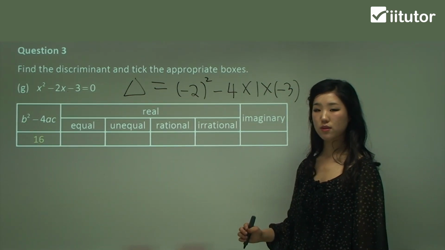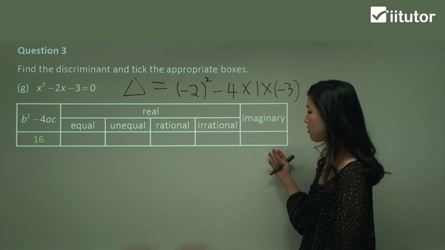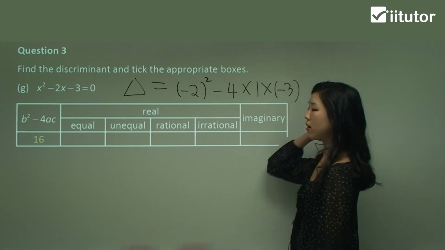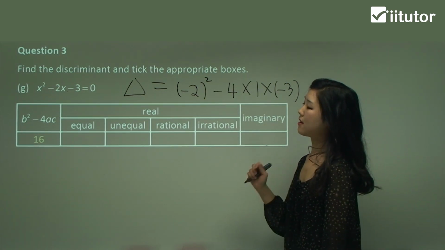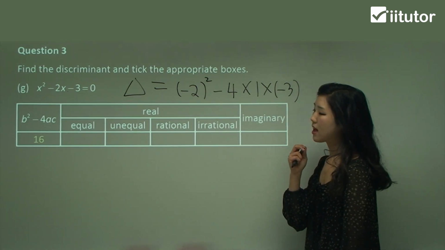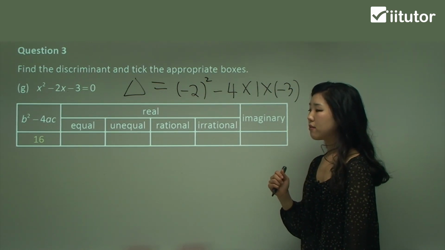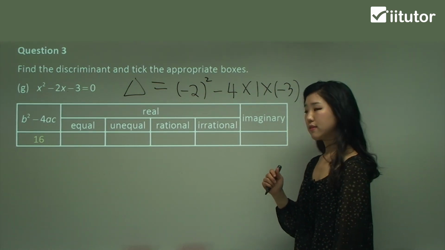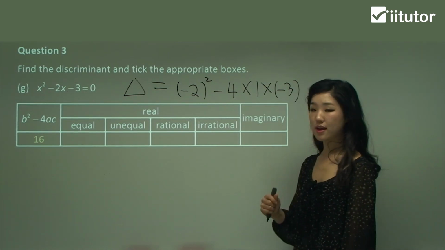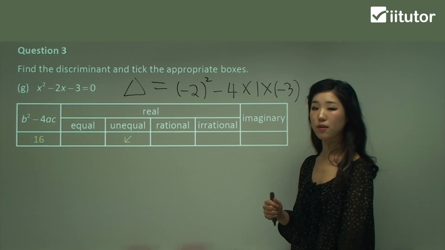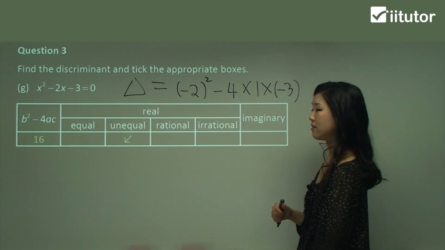It's a positive discriminant, so it's not going to be imaginary, it's going to be real. Okay, so let's choose our columns. So if it's 16, is it going to have equal or unequal roots? Now, negative b plus root 16 is going to be different to negative b minus root 16. So first of all, it's going to be unequal. The two roots are going to be distinct.